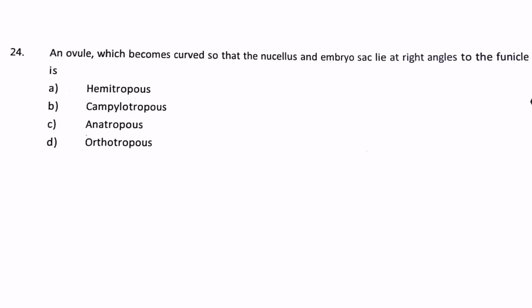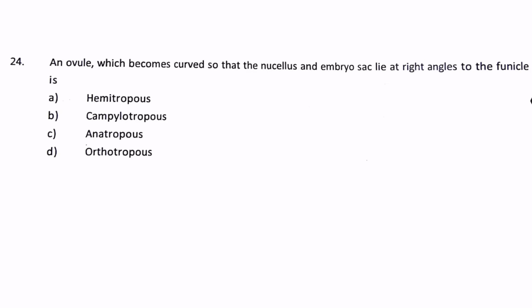Next question is an ovule which becomes curved so that the nucellus and the embryo sac lie at a right angle to the funicle. Is it orthotropous? No, orthotropous is a complete, straight one. Then anatropous? No, where the funiculus is actually 180-degree rotation is there. Campylotropous? No. And hemitropous is the right answer. That is, hemianatropous.